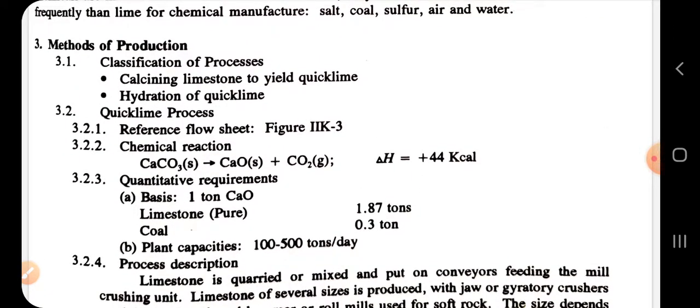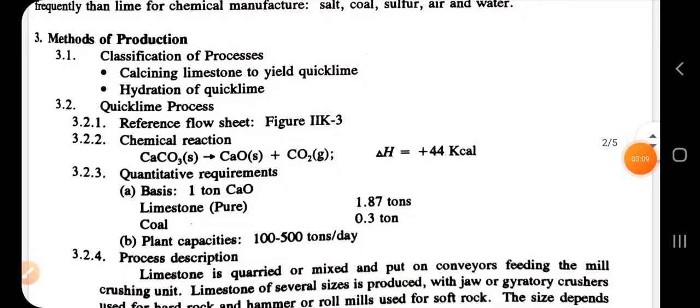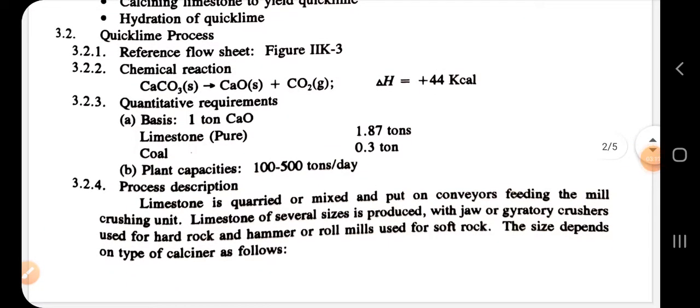Next is methods of production of lime. So these are the two classification processes: calcining limestone to yield quicklime, and hydration of quicklime. We will be seeing the process flow diagram for this quicklime process.